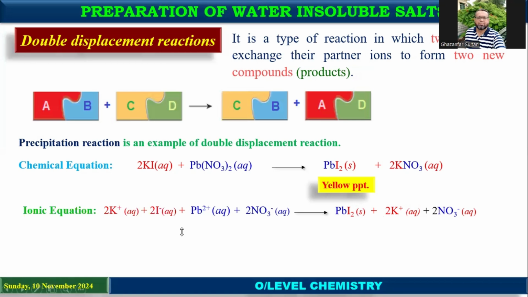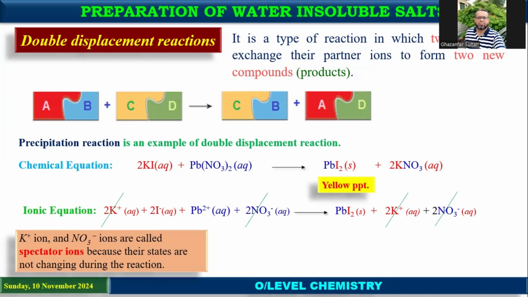So if you see, the state of the potassium ion on the right and left side of the equation is the same. So we can cancel these out. Again, the nitrate ions are in the same state on both sides of the equation. So we can cancel these also. So what is remaining? Remaining is the lead ion.